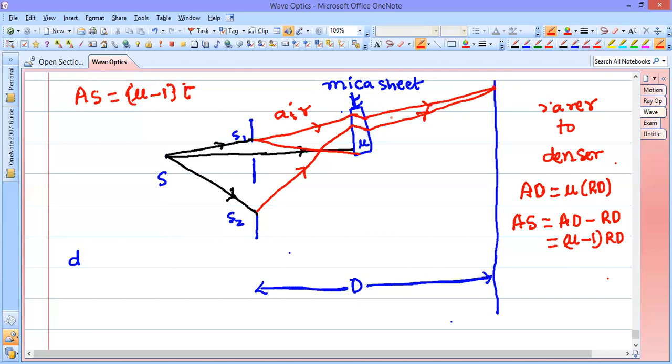Yes, sir. Now here, at each surface, the light ray will have refraction as well as reflection, like this.